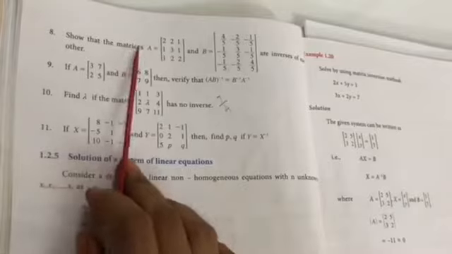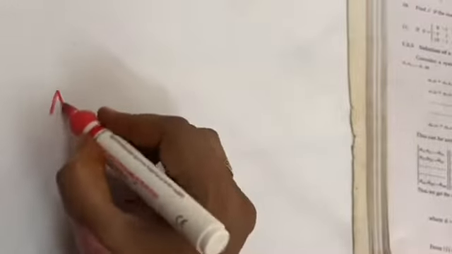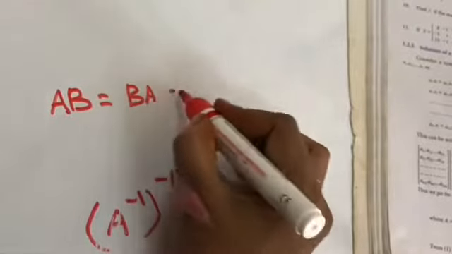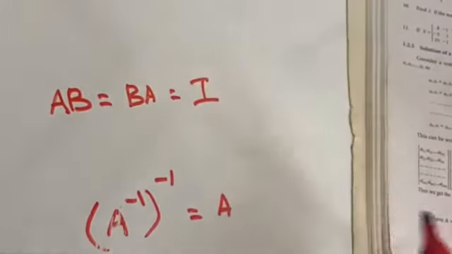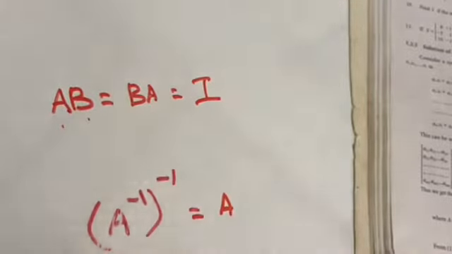To find this, we have another result: if AB is equal to BA is equal to the identity matrix, then we can say that A and B are inverses of each other.